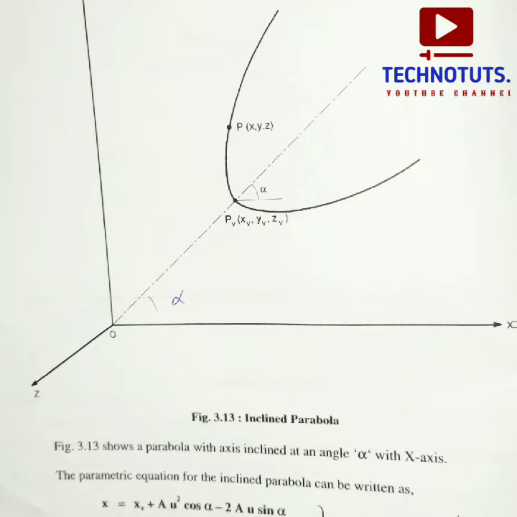Here point PV is the vertex point having coordinates at the vertex as xv, yv and zv, and point P is any point on the parabola, inclined parabola, having coordinates x, y and z. This parabola is inclined at an angle of alpha with the x-axis as shown in the figure.